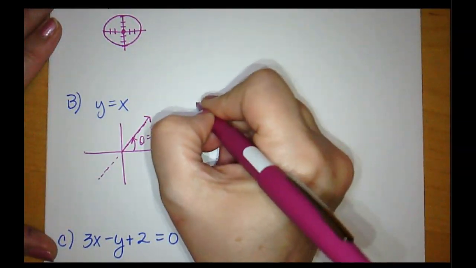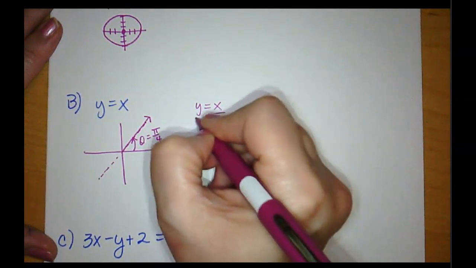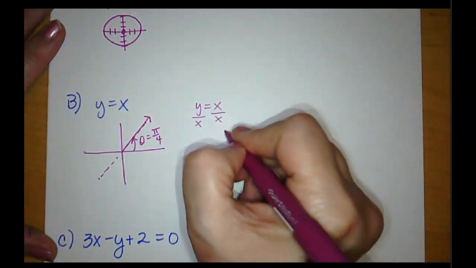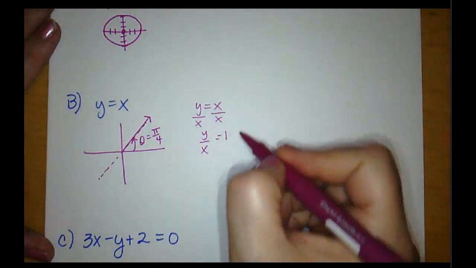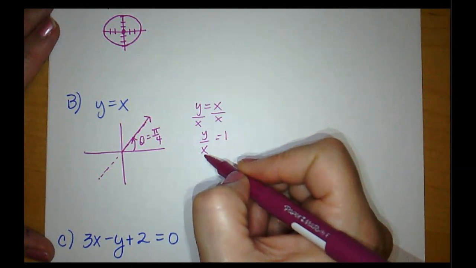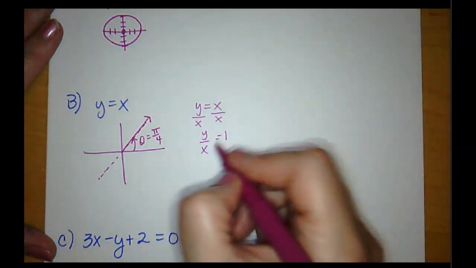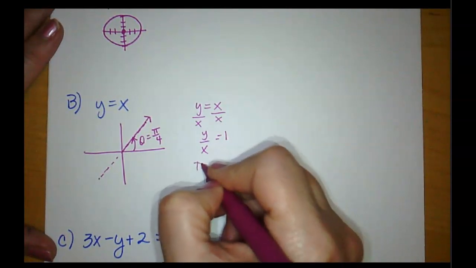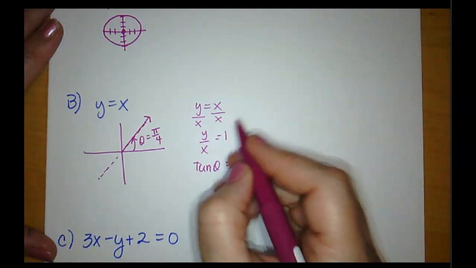So what I mean by that is if I take y equals x and I divide both sides by x, then I get 1 equals y over x. And so to get a 1, we have to move the same direction up as we move over. And the only one of our trig ratios that has that behavior is tan of theta, which we already said was y over x.